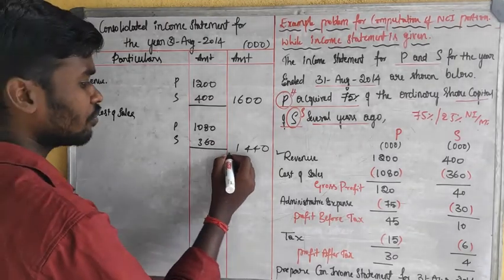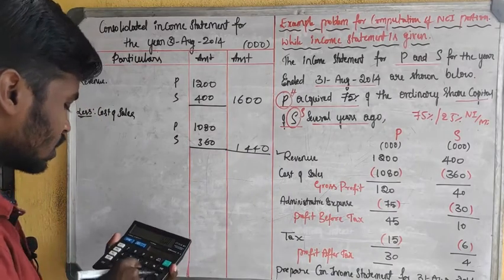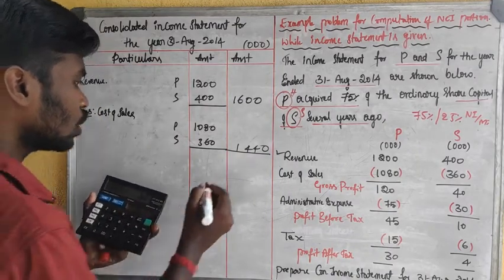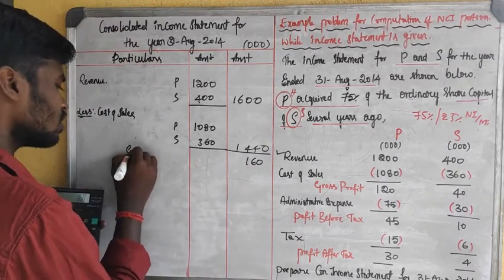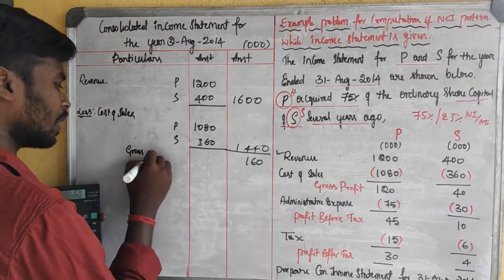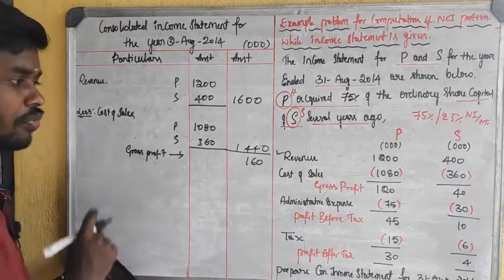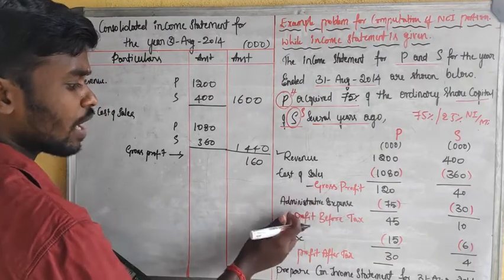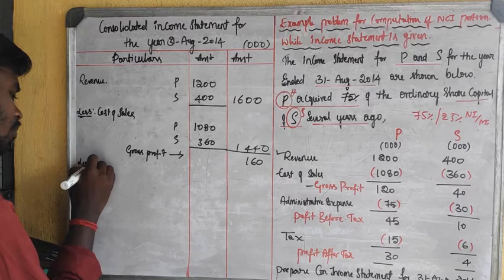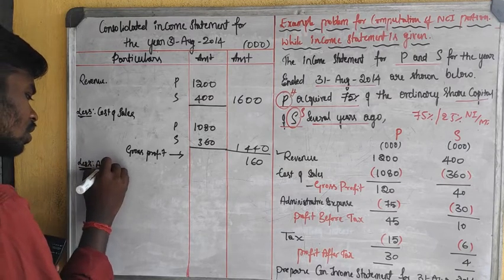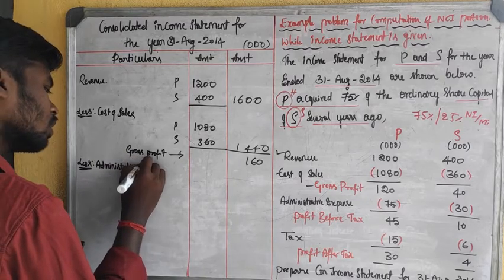Now after deducting this, see, 1600 minus 1440, you will get 160, which is the gross profit of both the companies. This is the consolidated gross profit. After this you have to deduct administrative expenses. See, less administrative expenses.